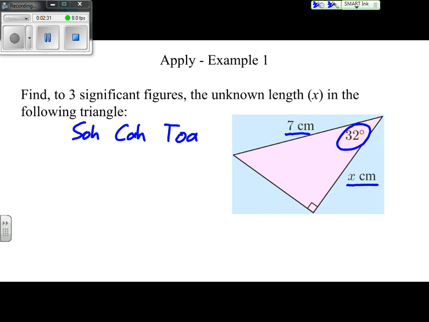Right away, I can see the 7 centimeters is our hypotenuse. So one of the ratios has to involve hypotenuse. As I look at SOHCAHTOA, one of them doesn't involve hypotenuse, and that would be the tangent. So right away, I am getting rid of TOA.